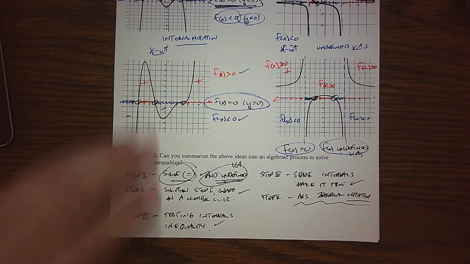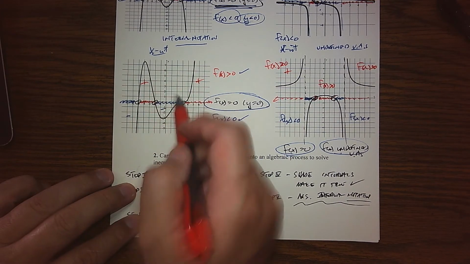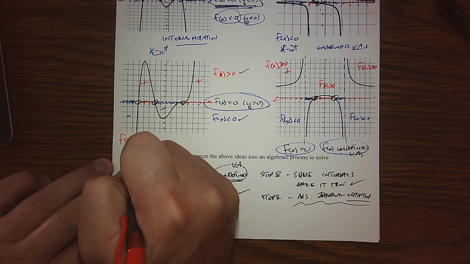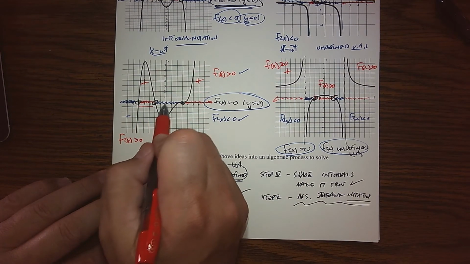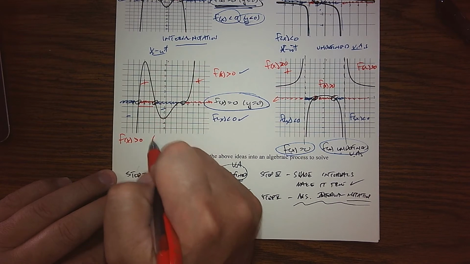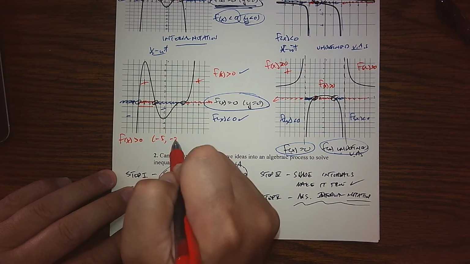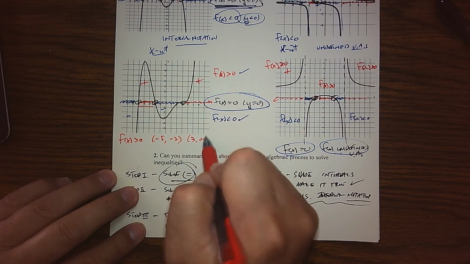So for example, to wrap up the things we have here, if we were solving f of x is greater than 0, then it looks like the solution is from -5 to -2, and it looks like it's from 3 to infinity.